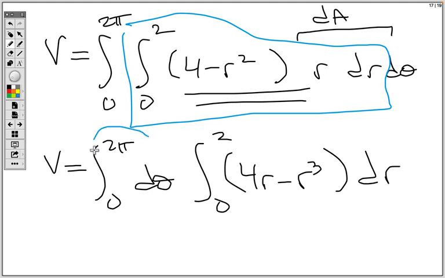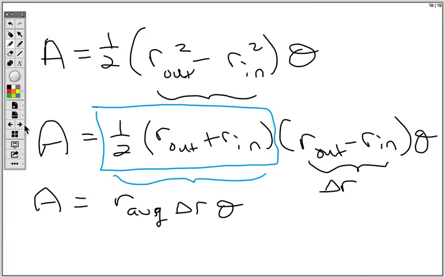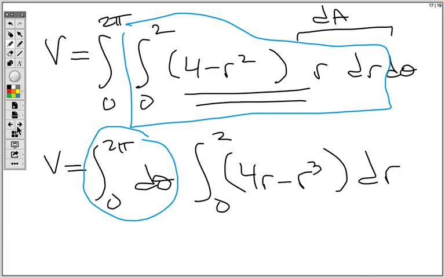This integral out front, just like in the first example, the region has theta symmetry, and the integrand has theta symmetry. So if I think about this solid, it's completely symmetric in terms of theta. We'll talk about this more next week when we get into cylindrical coordinates, but this is just going to multiply by 2 pi.